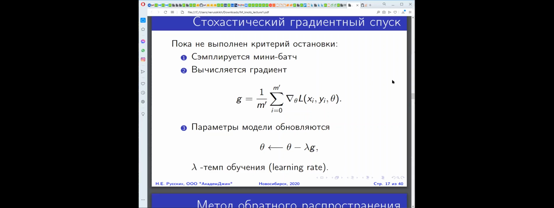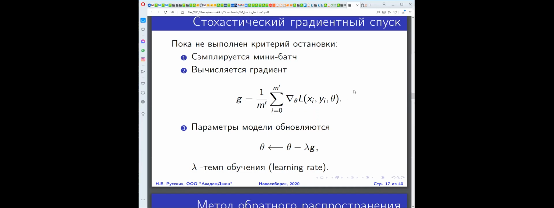The largest model I've seen in person consisted of 400 million parameters, 400 million weights. That's a really big model.